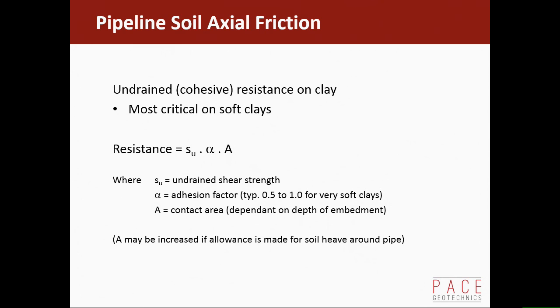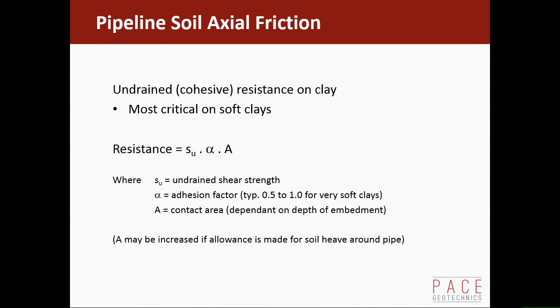Yep. So Su is the undrained shear strength. And that would apply for most purposes. That's the right thing to do, particularly on soft clays. In stiff clays, you'd be much more likely to use a drained response, a friction angle, which would be something in the range 20 to 30 degrees, say, whereas sands will tend to be 27, 28 for a very loose sand, up to about 40 degrees for a dense sand.